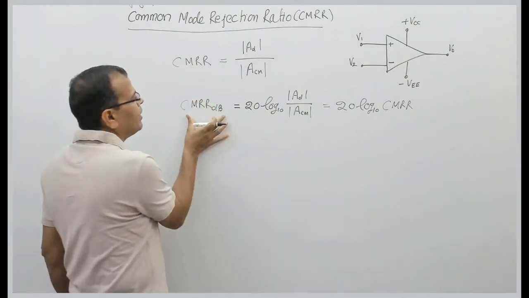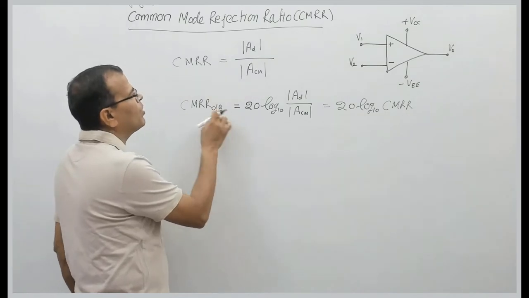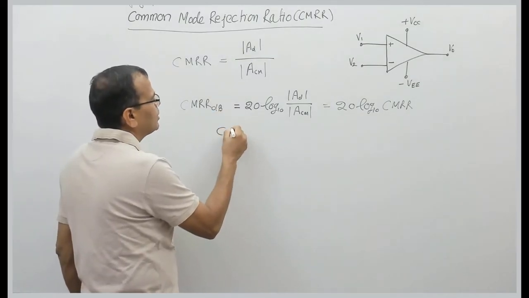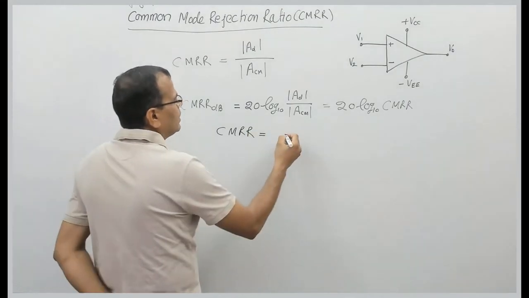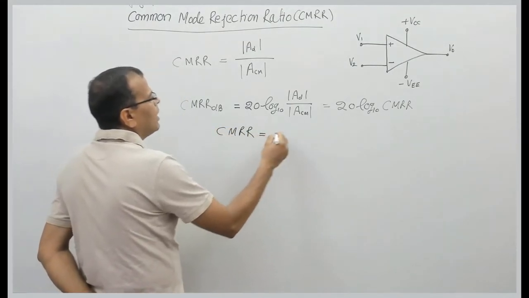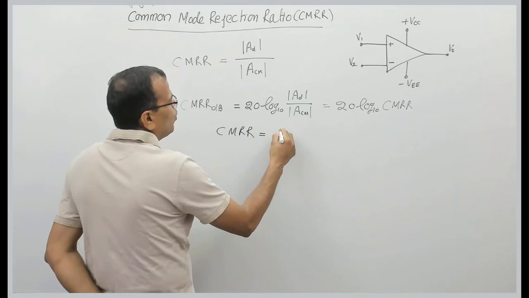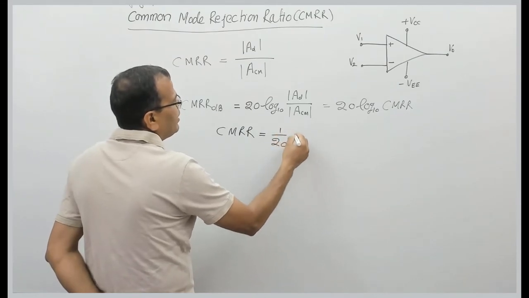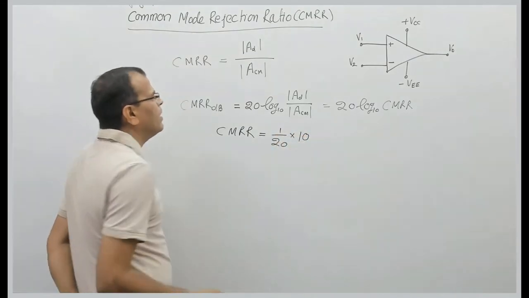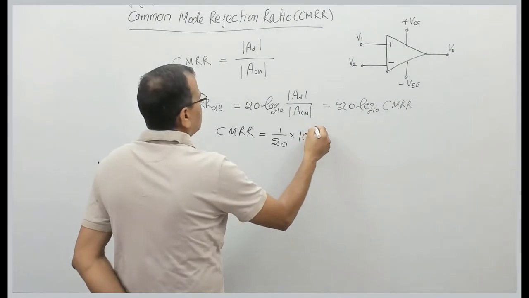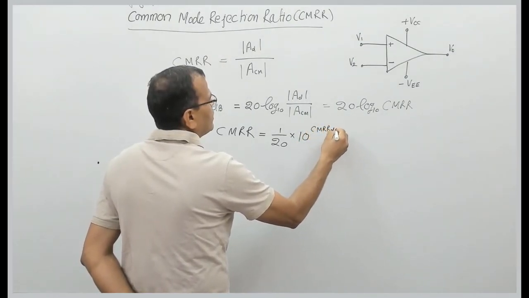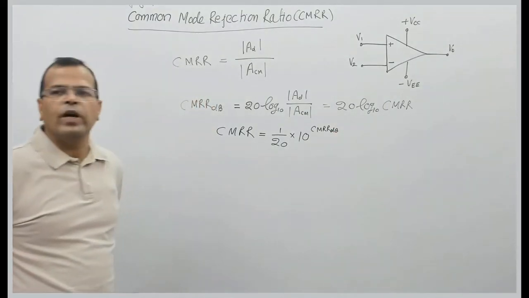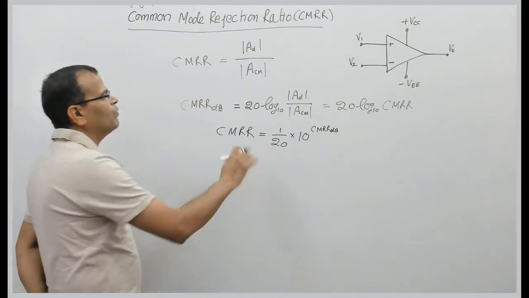Sometimes you are given this common mode rejection ratio in decibels. So what will be simple CMRR? That is nothing but 10 raised to the power of CMRR in decibels divided by 20. So that is how you can find this value as well.